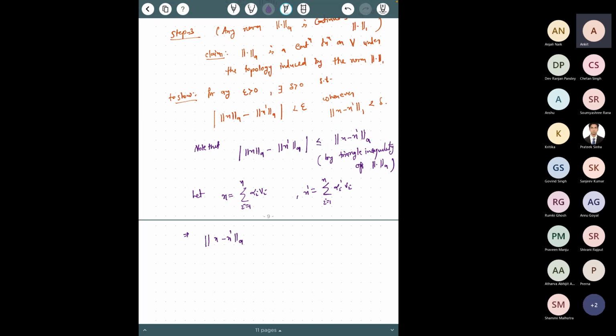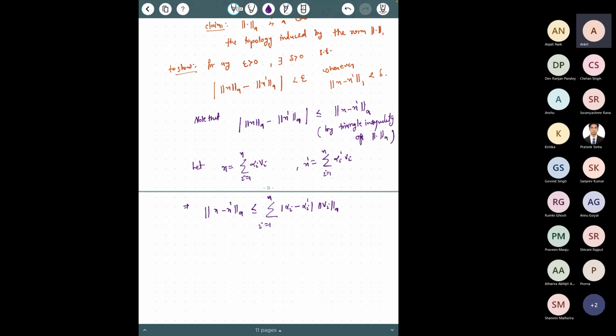So if I take any x and y, then I know that I can write these vectors as a linear combination of the basis vectors. So what would the norm of x minus x dash be? Just using this combination here, it would be the sum of alpha i minus alpha i dash times the basis vectors, i equal to 1 to n, right?